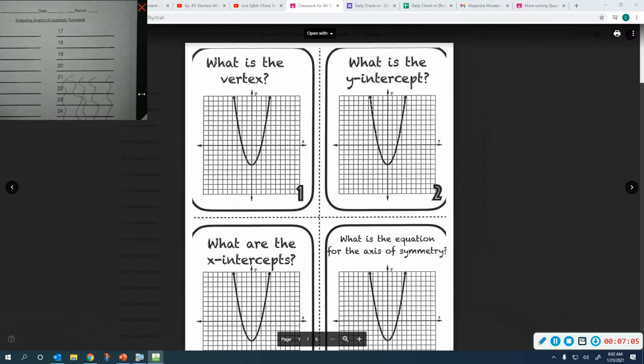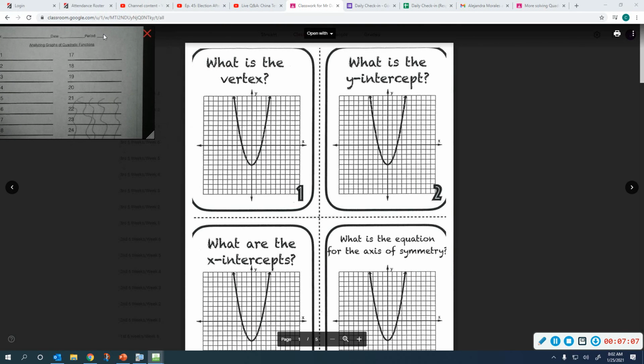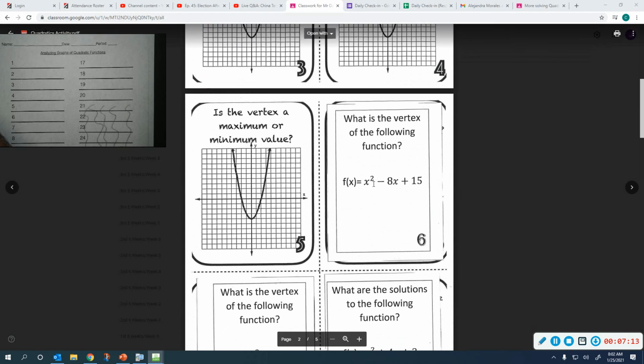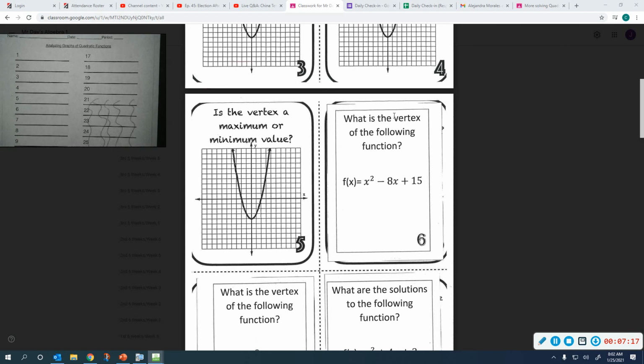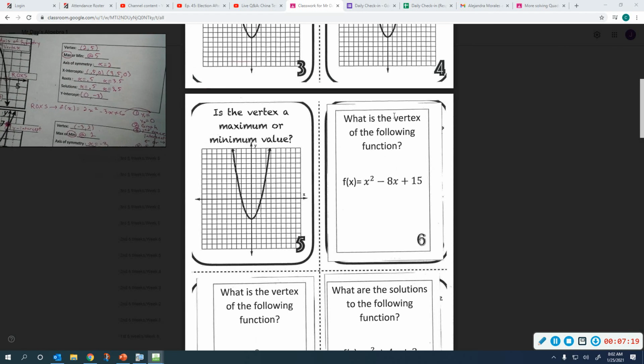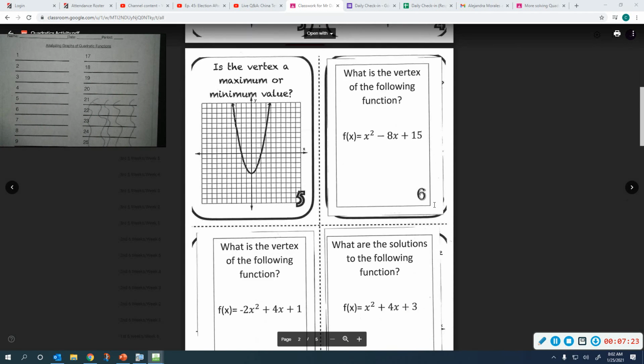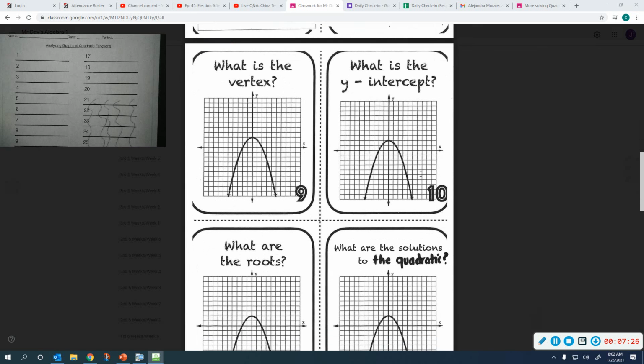So the activity is in this file. I've got all these different graphs. They're already made. Now some just give you the function and it'll ask you to find the vertex. Use your notes, go through, make sure you can find each value, and you should have answers for all 20.